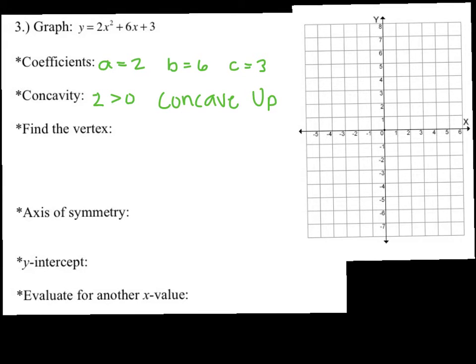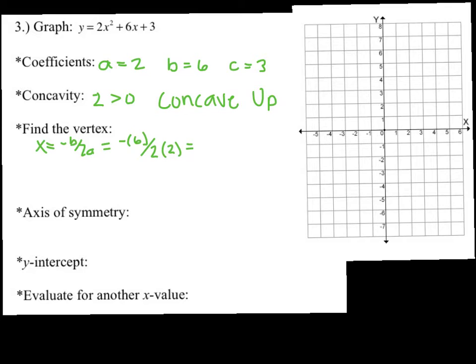But then it asks us to find the vertex. So this is where we have to find x first and then plug the x value of the vertex in to get the y value of that vertex. So if we're trying to find the vertex, let's do x equals negative b over 2a. So that's going to be negative our b value, which is 6, divided by 2 times a, which is 2.